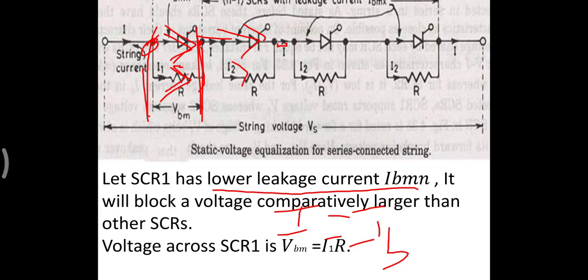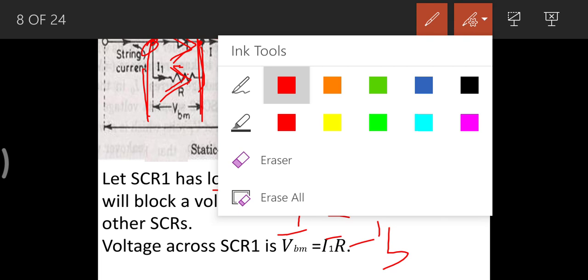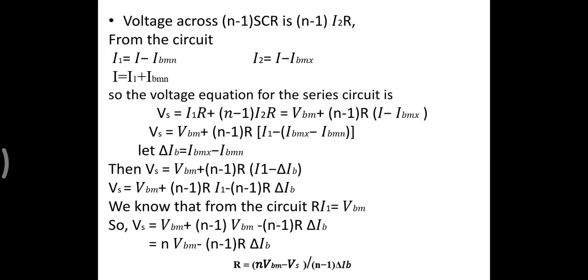See here, this is the current I, this is IBM, this is the current I. So from this point we can write the current equation like this: I1 is equal to I minus IBM.